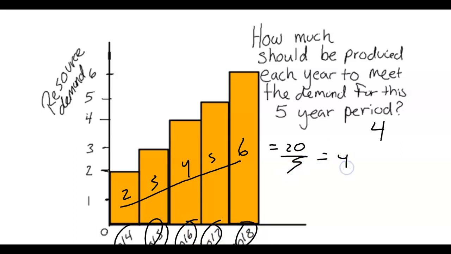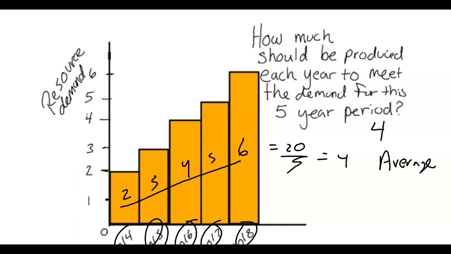So that's 4 every year. In other words, what we just did was we found the average. An average is a process where you add together everything and divide by how many they are, and that will basically tell you how much you would have to divide up to each piece to make it balance out evenly, right? So that's the average amount.